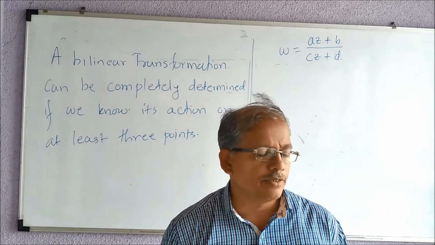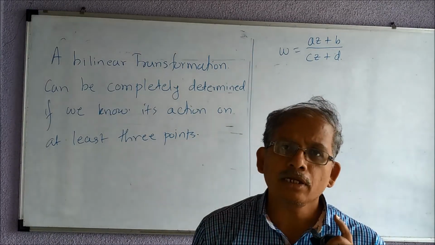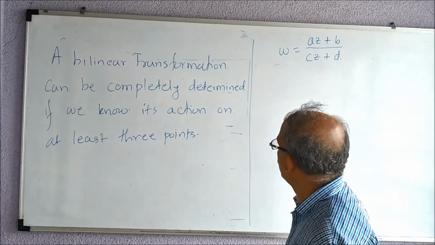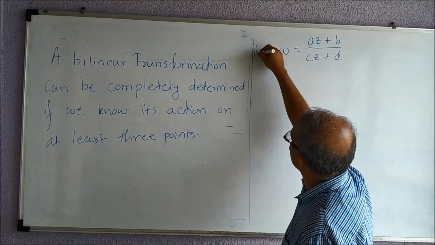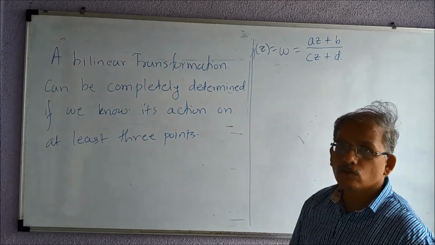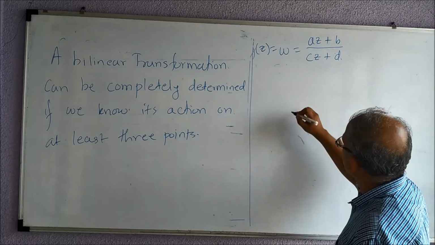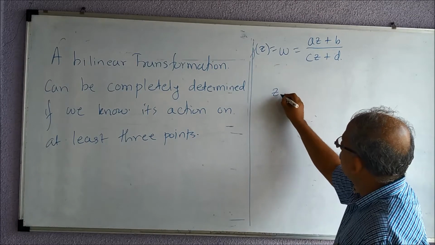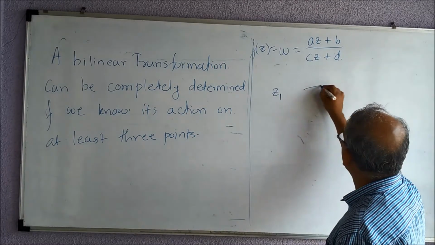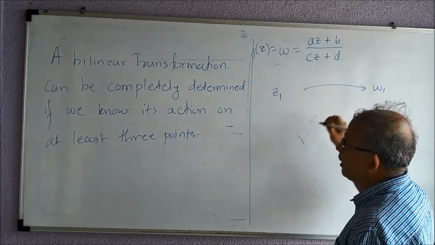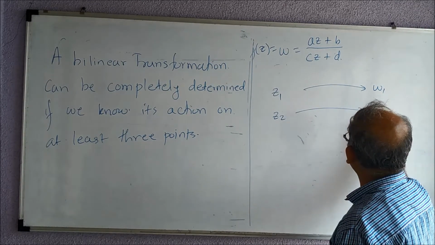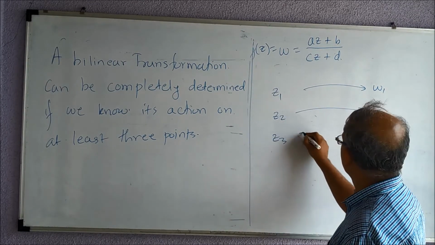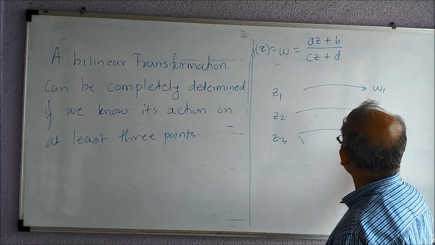This can be obtained if I know, under this transformation, like f of z is equal to w, that the z1 point is sent to the w1 point, the z2 point is mapped to the w2 point, and the z3 point is mapped to the w3 point.